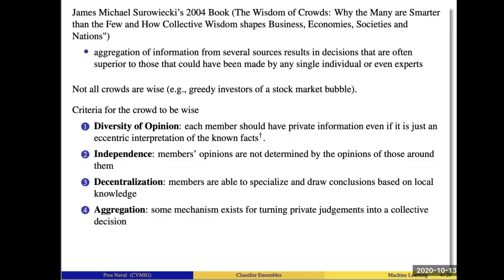So basically, the author was saying that the aggregation of information from several sources would result in decisions that are often superior to those that could have been made by any single individual or even experts. So that's his thesis in this book.